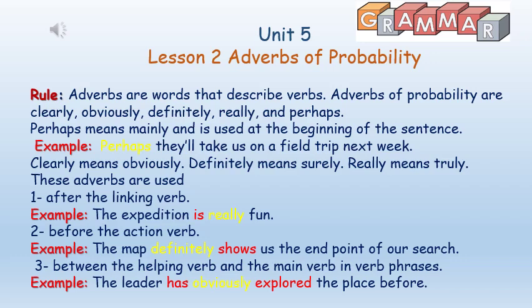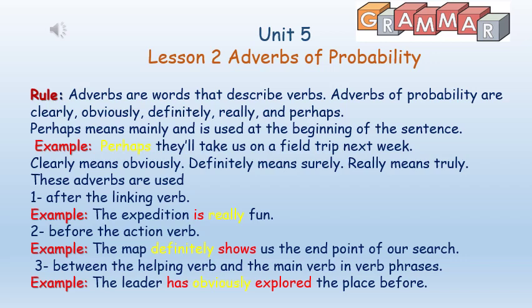So, as you notice, the position or the place of the adverb changes according to the verb. Perhaps is usually used at the beginning of the sentence, like, perhaps I'll take part in this show. Definitely, clearly, obviously, really, and probably are used after the linking verb or the verb to be, like, I am obviously ready.